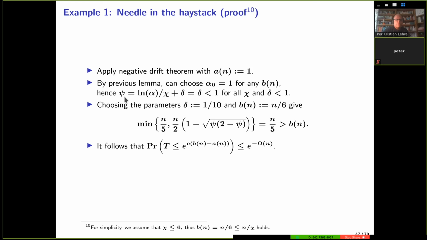So we can choose psi to be log alpha over chi plus delta, which is delta, because log of 1 is 0, and delta is less than 1 for all chi, if you choose delta less than 1. Then we can just choose appropriate parameters for b, and then we obtain that it takes exponential time to reach within distance b of the optimum.